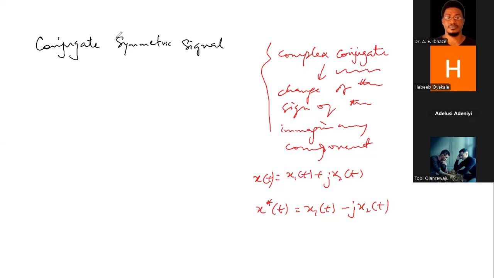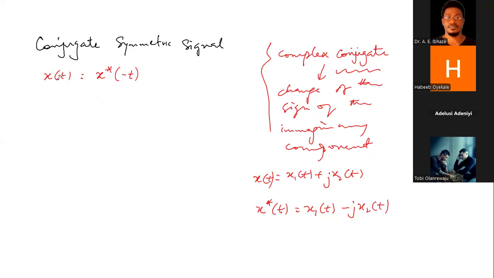So when we talk about symmetry, what we are trying to say is that the signal S of t is going to be the same as the conjugate of the time reverse signal. When we have this, we say we have a conjugate symmetric signal.